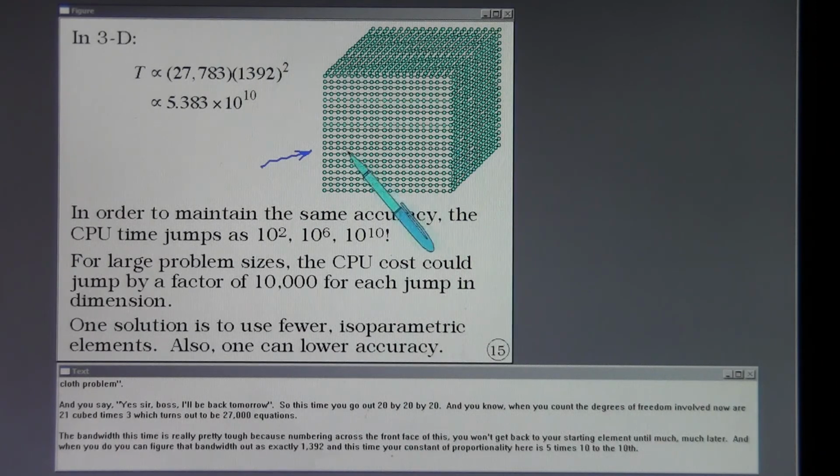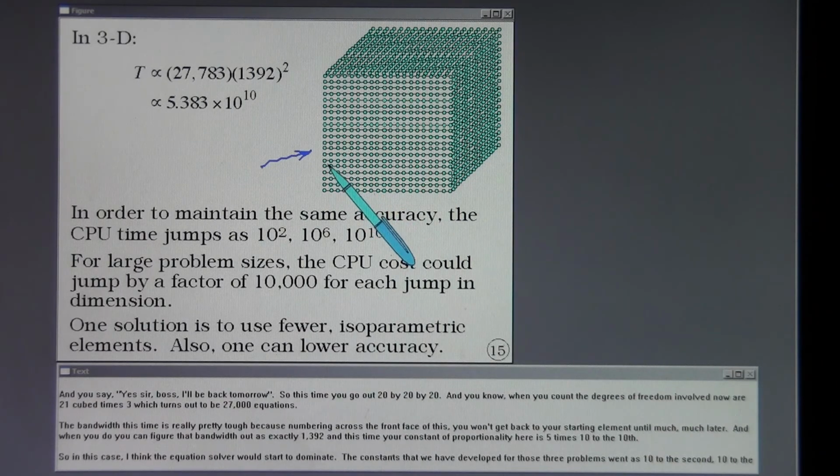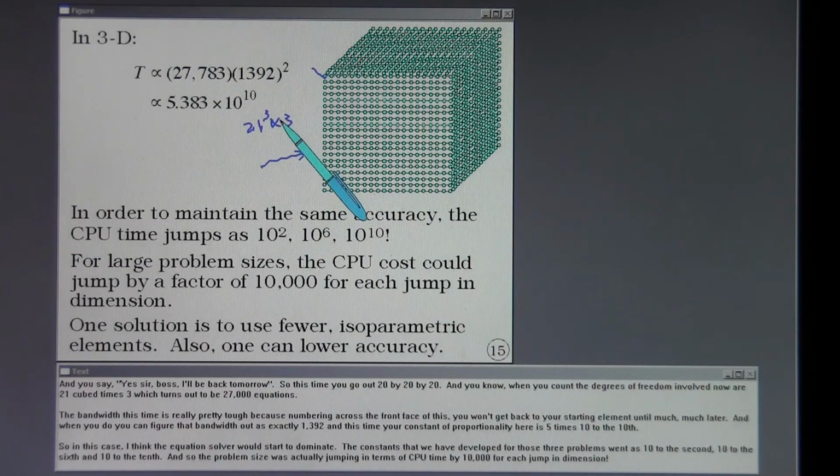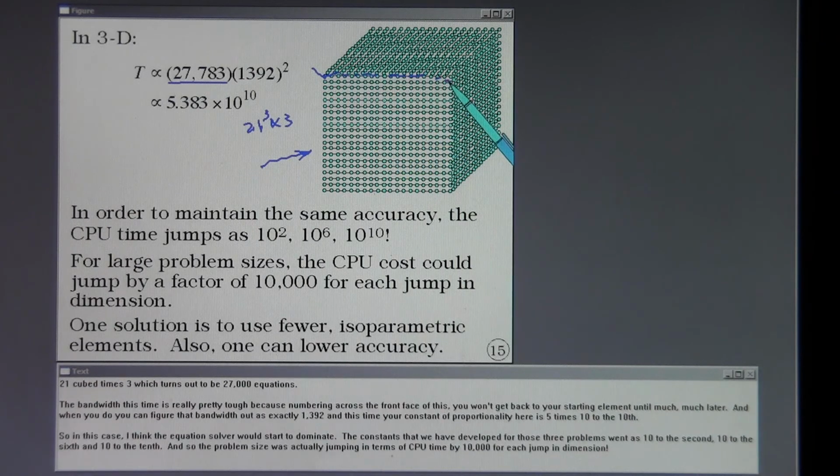So this time you go out, 20 by 20 by 20. And you know, when you count the degrees of freedom involved, now they are 21 cubed times 3, which turns out to be 27,000 equations. The bandwidth this time is really pretty tough, because numbering across the front face of this, you won't get back to your starting element until much, much later.